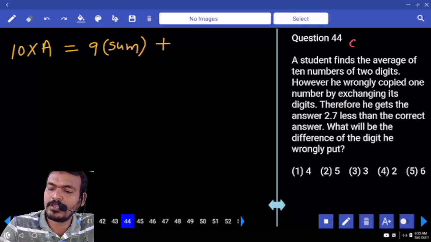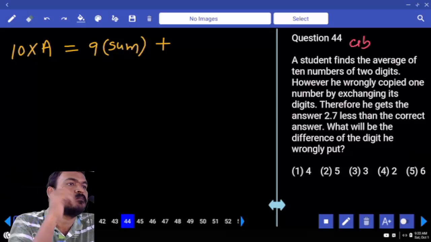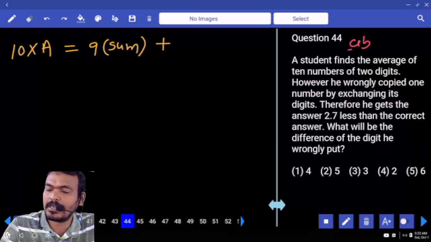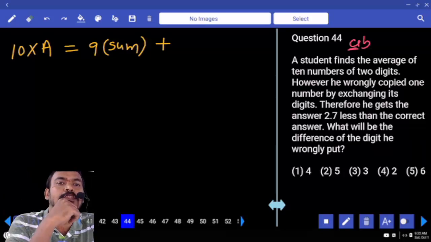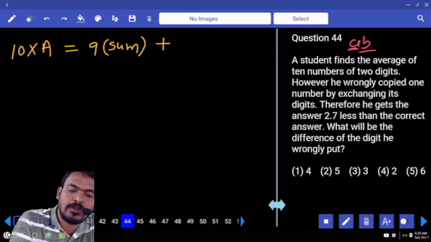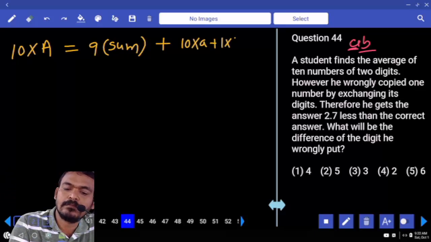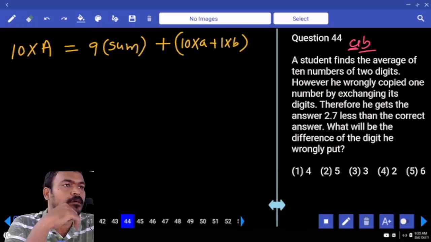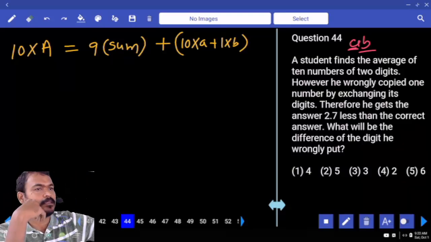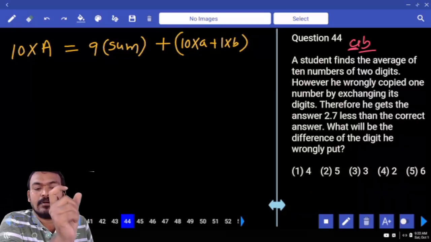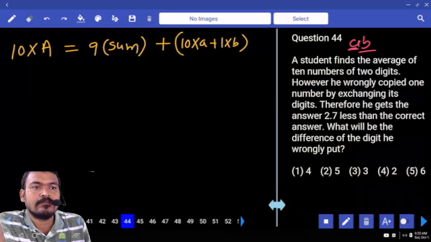One of the numbers, we consider AB, or not? That is a 2 digit number, or not? A is in which position? Tens position. B is in which position? Units position. This one I wrote 10 into A plus 1 into B, or not? Left hand side, 10 numbers sum, equals right hand side, 9 numbers sum plus the 10th number.